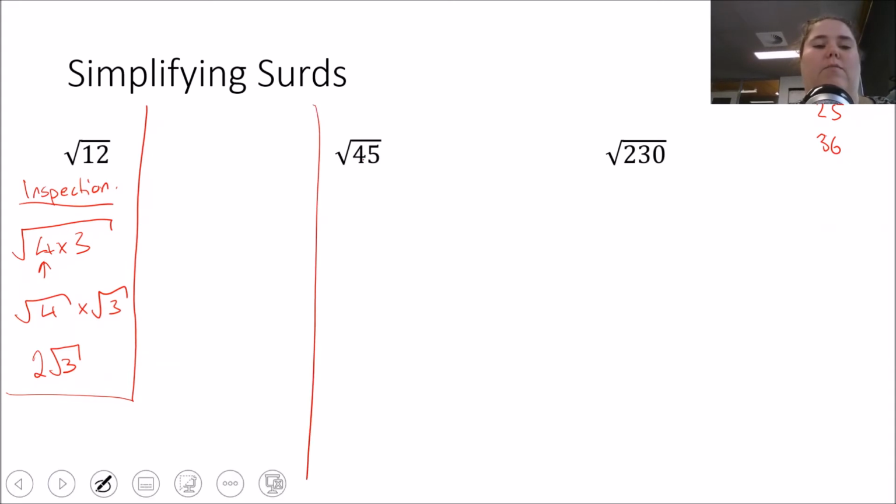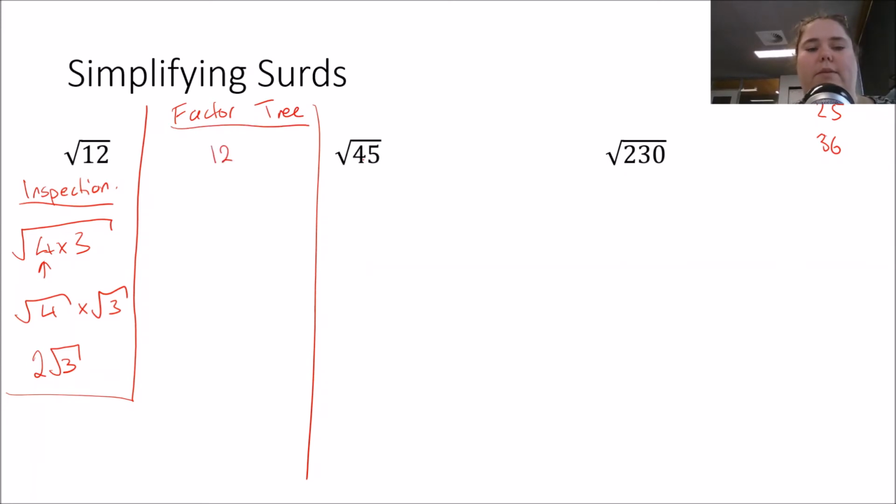There's another method, which is your factor tree. Okay, with a factor tree, what we do is we think, well, what are our prime numbers, and what is the smallest one I can divide 12 by? Smallest prime I can divide 12 by is 2, which gets me 2 times 6. Then we do it again. What's the smallest prime number I can divide 6 by? 2, 3.